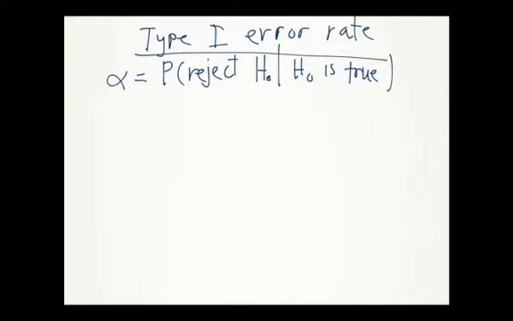If that probability is equal to alpha, remember alpha is just a number, we usually set it equal to 0.05, so don't get confused by that.